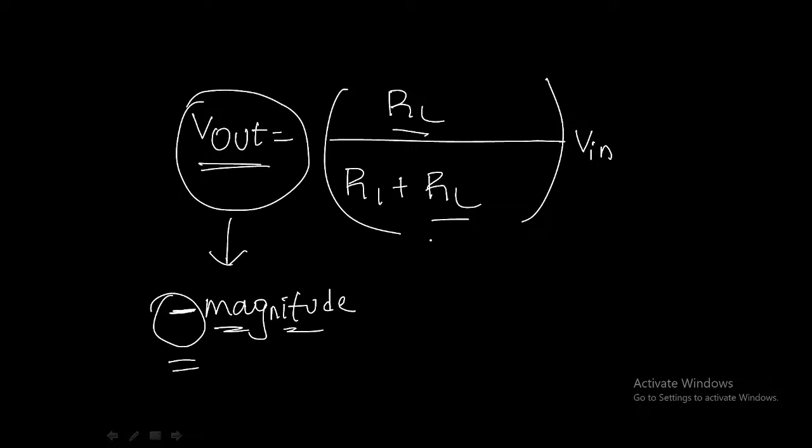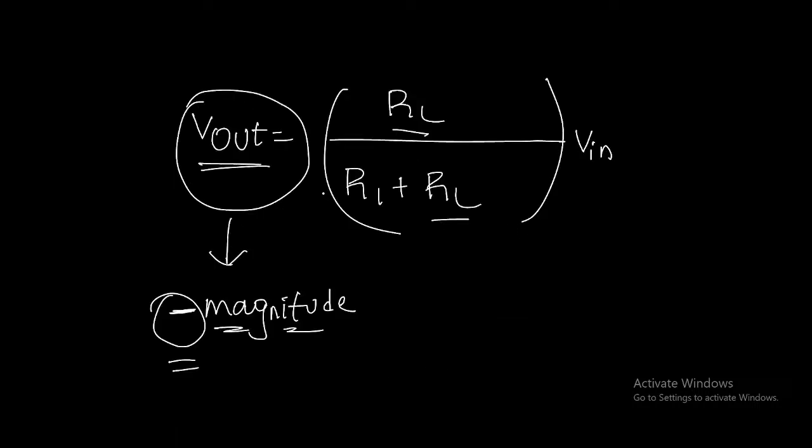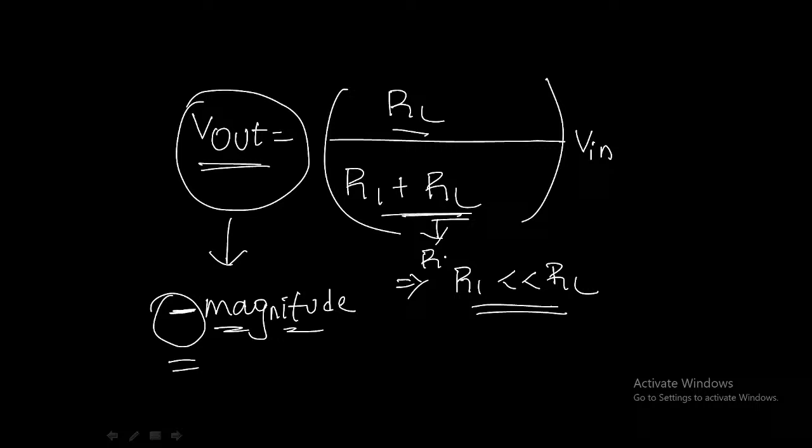In this particular scenario, if we take R1 as small compared to RL, if R1 is very small compared to RL, then what happens? R1 plus RL will become RL, and we will get RL divided by RL, so it will cancel out. So what do we have finally?